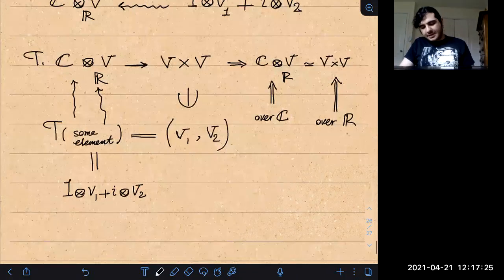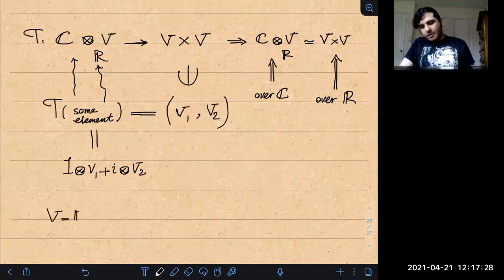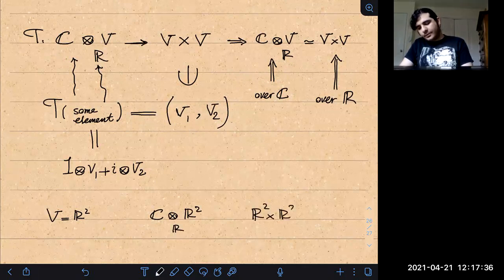For example, let's say V is R2. So the left-hand side would be C tensor R2 over R. The right-hand side would be R2 times R2, which is the same as R4.